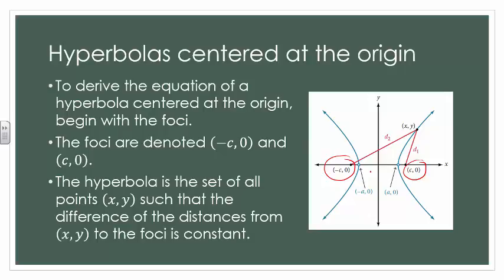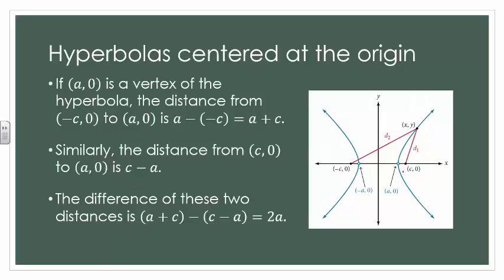We can see in our picture these two distances labeled D2 and D1, the red lines. We have our arbitrary point x, y, and we see from that point x, y to one focus and then to the other. The difference of those two red lines labeled D2 and D1 will be constant anywhere on the hyperbola.